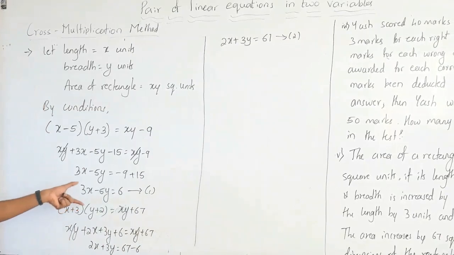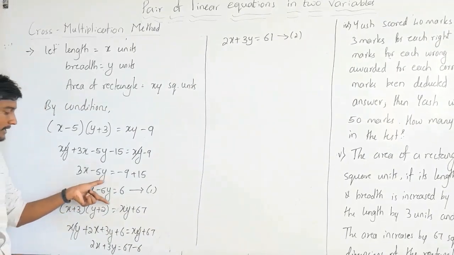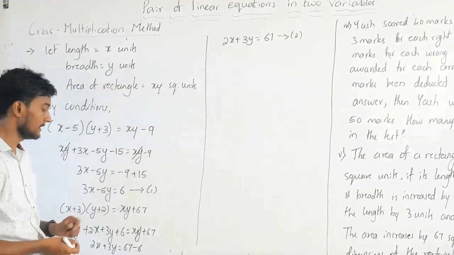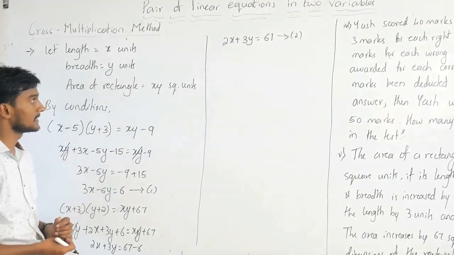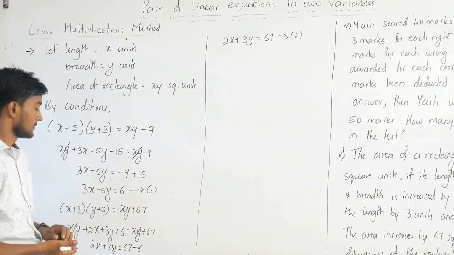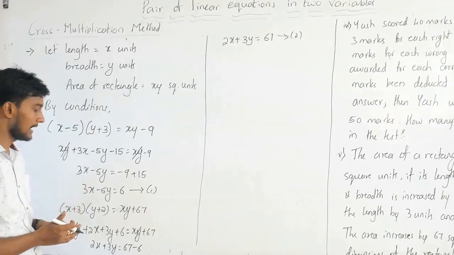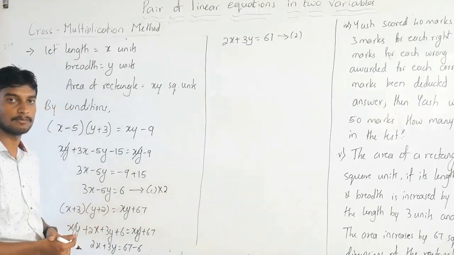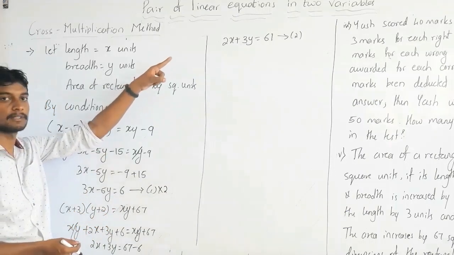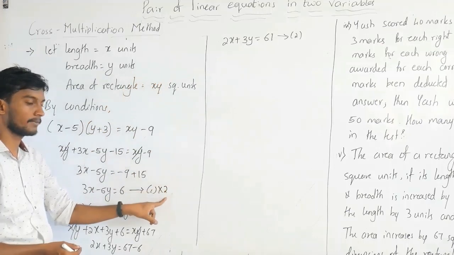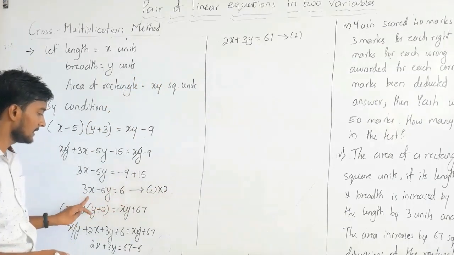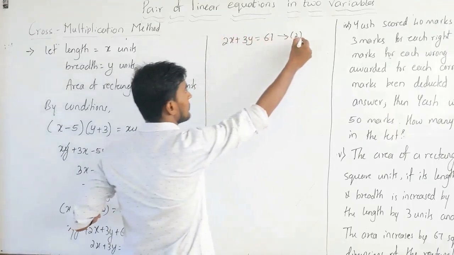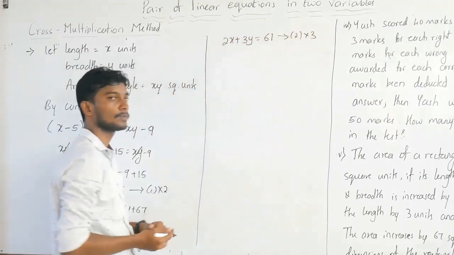So in equation number 1 we have 3x minus 5y is equal to 6. In equation 2 we have 2x plus 3y is equal to 61. Here I will multiply equation number 1 by 2 because I will make the coefficient of x the same. The coefficient of x in equation 2 is 2, which I multiply into equation 1, and the coefficient of x in equation 1 is 3, which I multiply into equation 2.